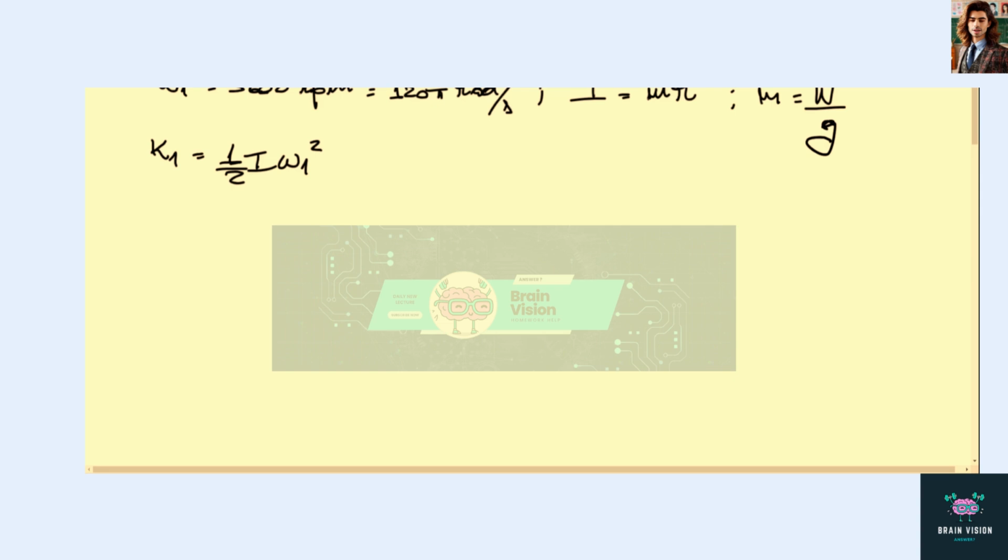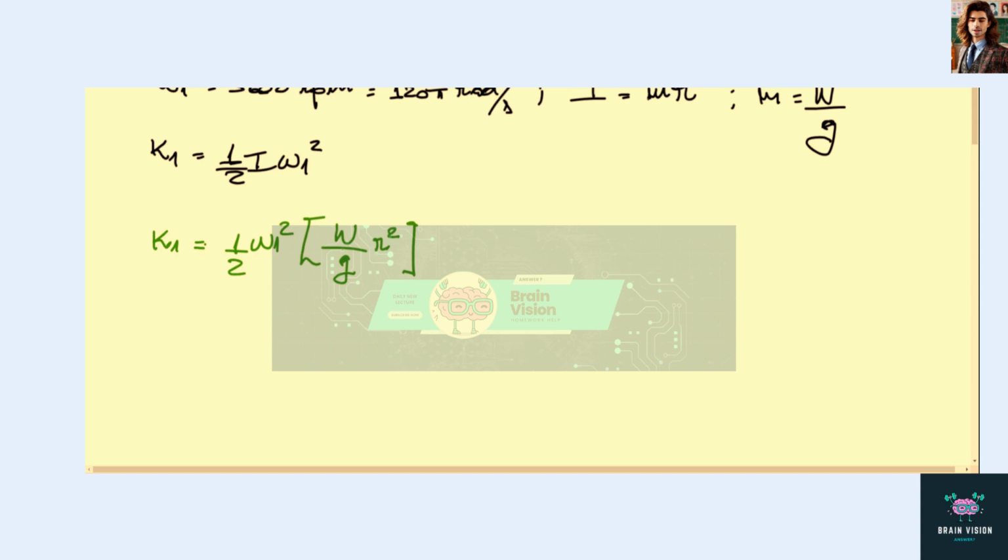Therefore, we can simplify our kinetic energy to half omega 1 squared, which we already have, multiplied by the moment of inertia. And the moment of inertia right now is going to be the weight divided by g multiplied by the radius squared. Okay, so that's the equation we should solve.